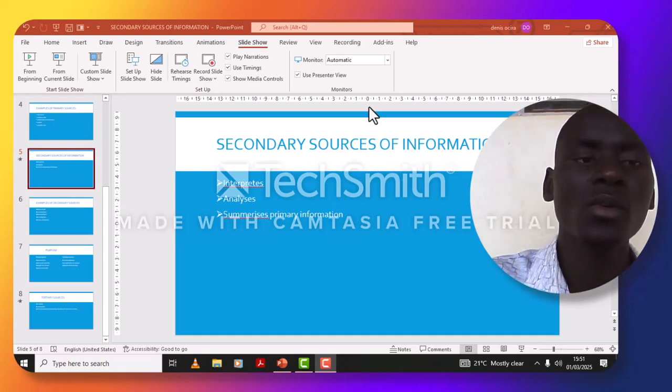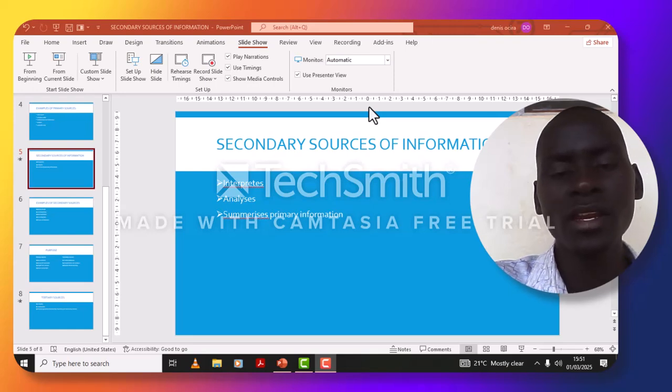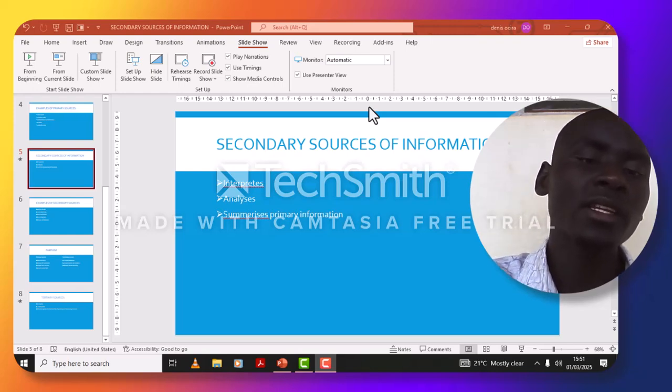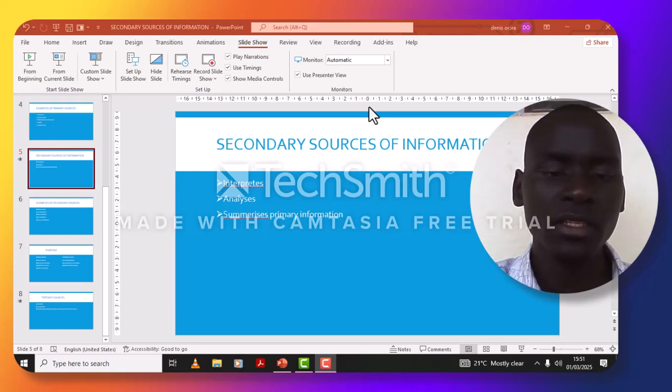That is what we call the secondary sources of information. They explain or derive from the primary source or event that is represented.